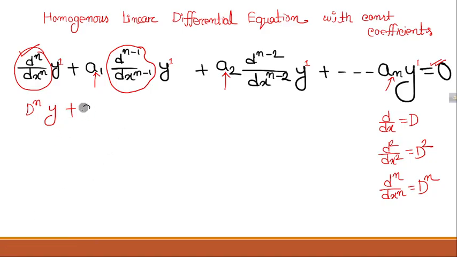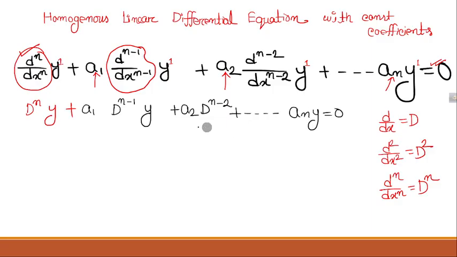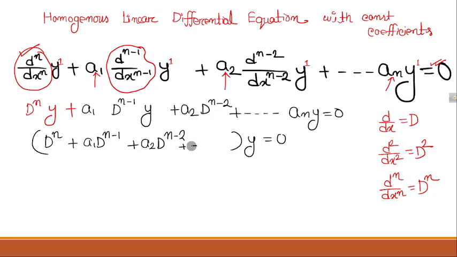And then this differential operator can be written as D^n, then a1 D^(n-1), then a2 D^(n-2), and it will go up to here. Now what I will do, I will write y outside the bracket, and inside the bracket I will write the terms of D like this, and this will go up to a_n.